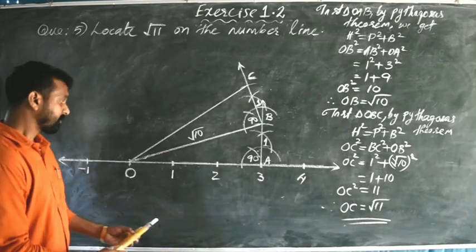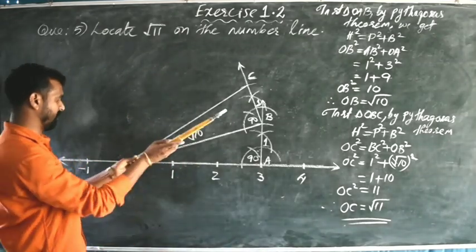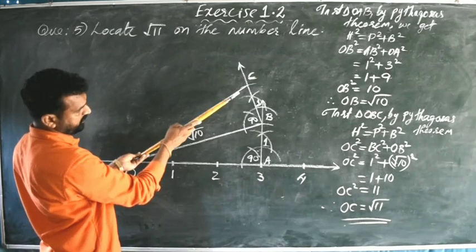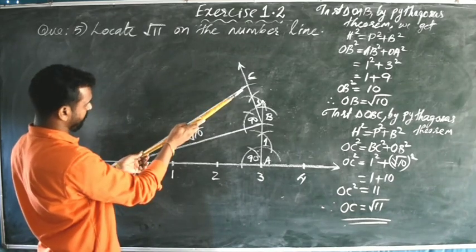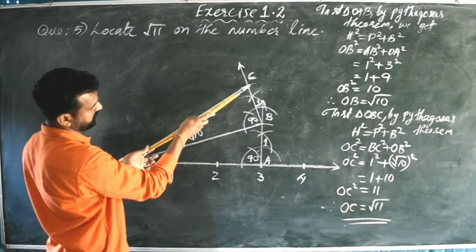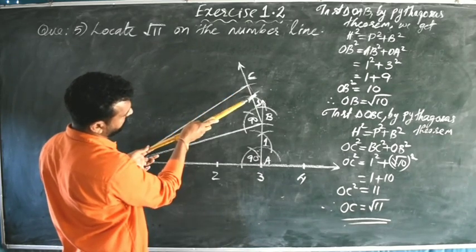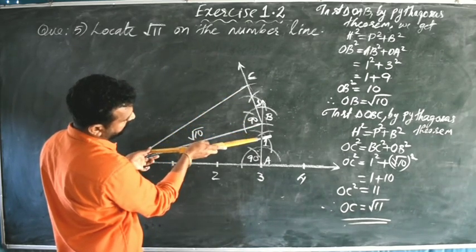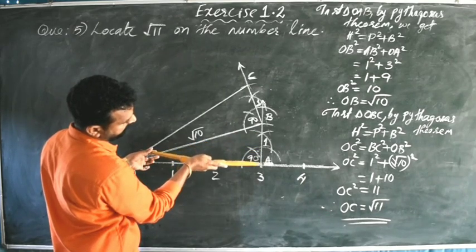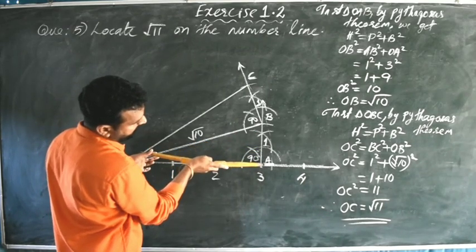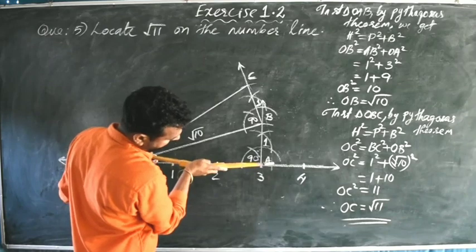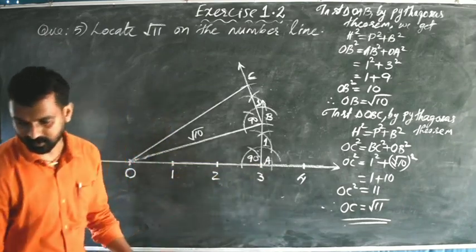Now with O as center and OC as radius, you have to draw an arc here. Then it will touch there on the number line. Dotted line only we will mark. That point is root 11.